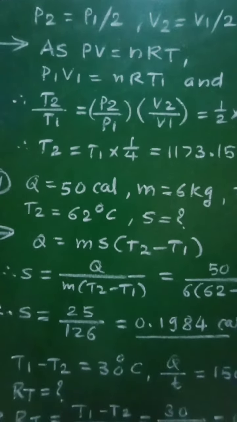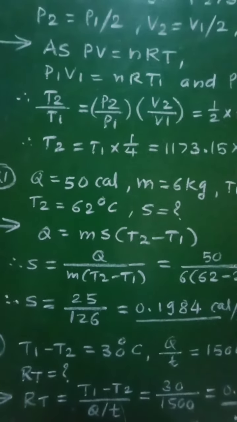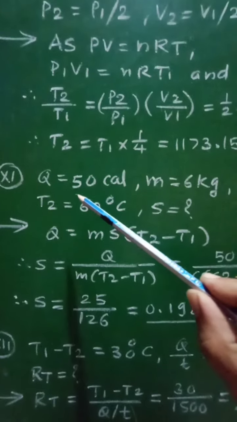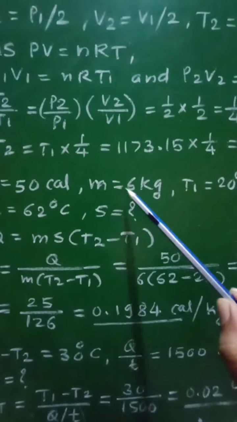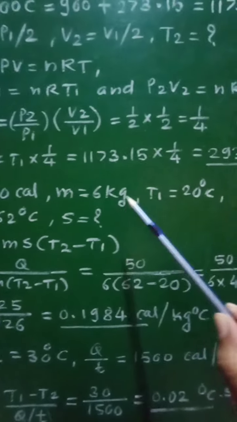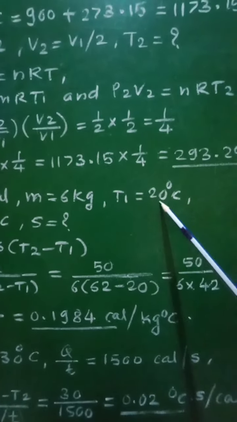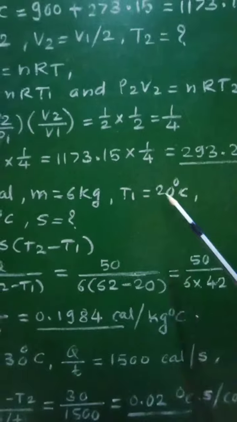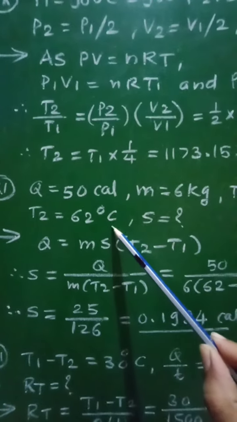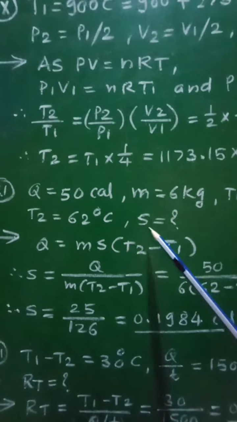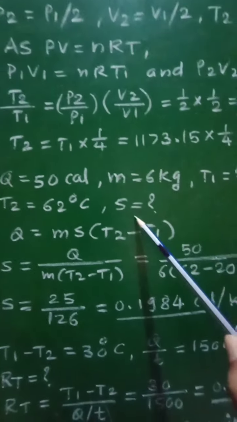And therefore for this numerical number 11, given data is heat energy Q is equal to 50 calorie, mass M is equal to 6 kilogram, initial temperature T1 equal to 20 degrees Celsius, final temperature T2 equal to 62 degrees Celsius, and we have to find out specific heat capacity S.